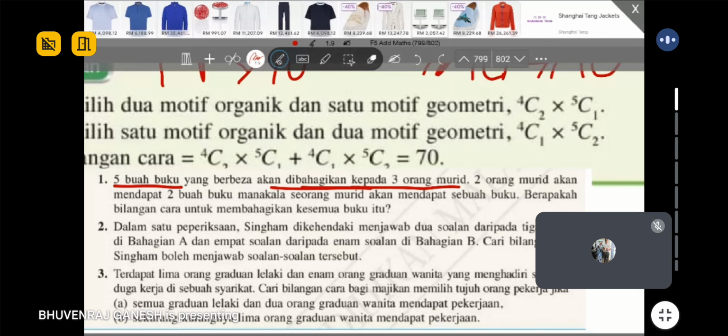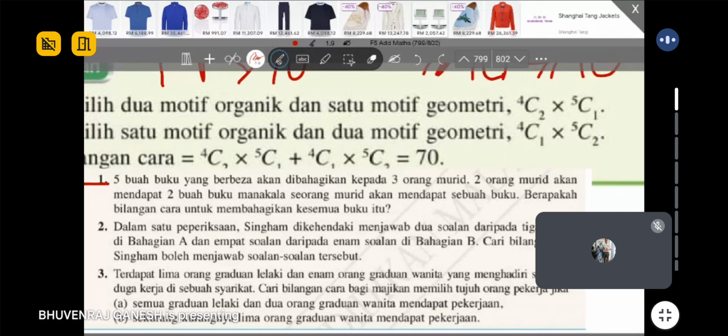Sorry, dia dibagikan kepada 3 orang murid saja. Okay, lepas tu daripada 3 orang murid tu, 2 murid, 2 student will get 2 book. Okay, while the other student will only get 1 book. Okay, so how many way I can divide all these books?